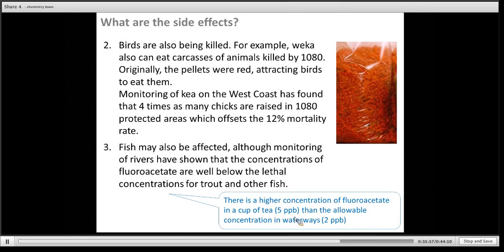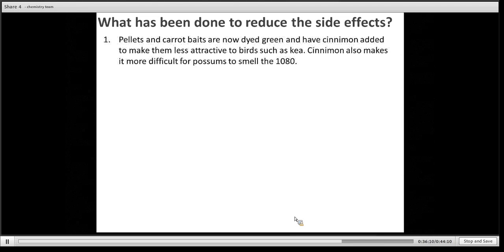Right, so let's look at what has been done to reduce the side effects, because we don't want birds to be killed and other animals to be killed. So first of all, we're trying to stay away from the red mist, which attracts birds. So the cereal baits are green, and the carrot baits tend to also be green.